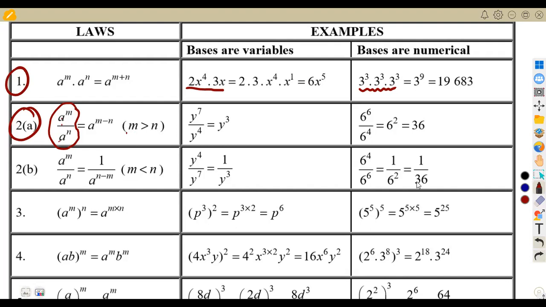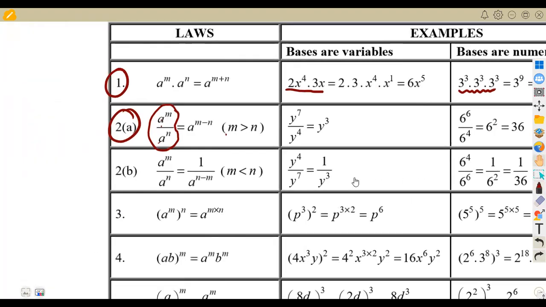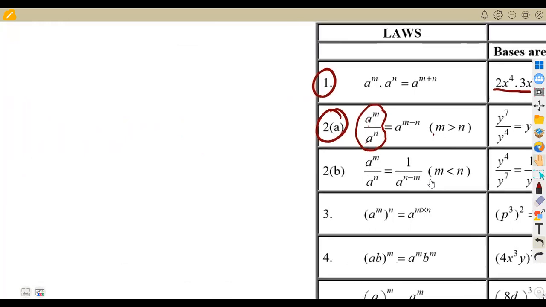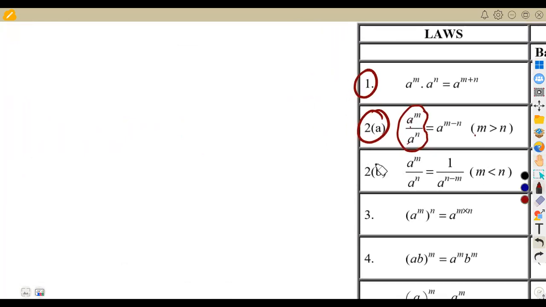What are we actually saying if m is greater than n? What are they trying to say here? Remember, if I'm saying m is greater than n, we are simply saying m is bigger than n.